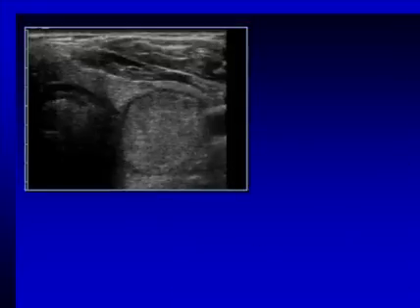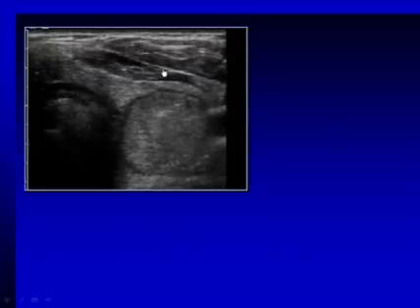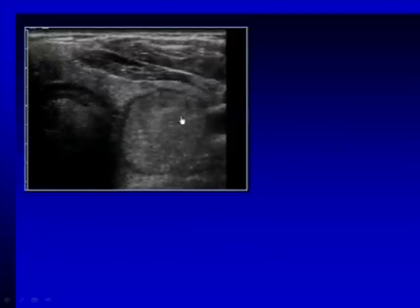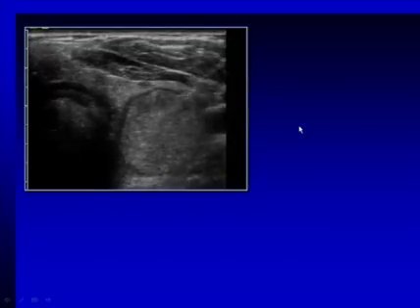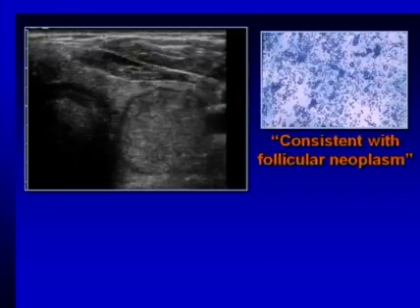If we see a mass such as this, then we would do fine needle aspiration. You can see the needle being inserted from the right-hand side of the screen, moved back and forth in a rapid fashion. It obtains small fragments of tissue, a material for cytologic analysis. This is then expelled onto a slide, and what the pathologist sees are many normal-appearing follicular cells, but they are more tightly clumped than one would see in just a benign type of aspirate.